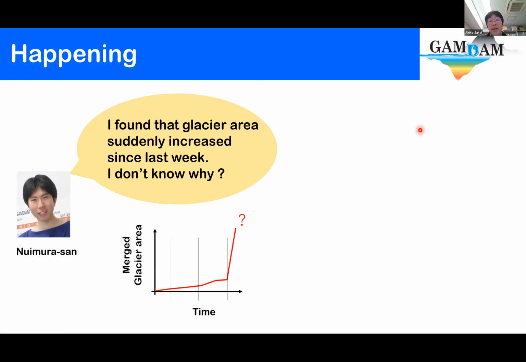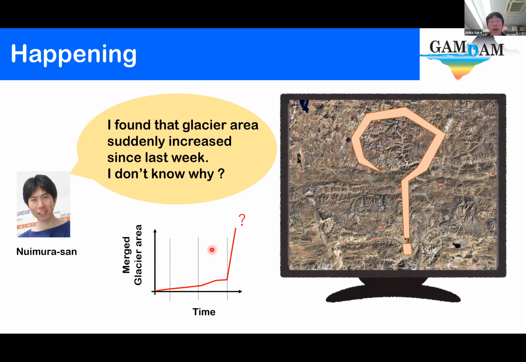And one day, Nuimura-san reported to me that the total glacier area had suddenly increased since last week. I don't know why. Nuimura-san searched our shapefile data on the server and found a big polygon with a question mark shape occupying the Tibetan Plateau.